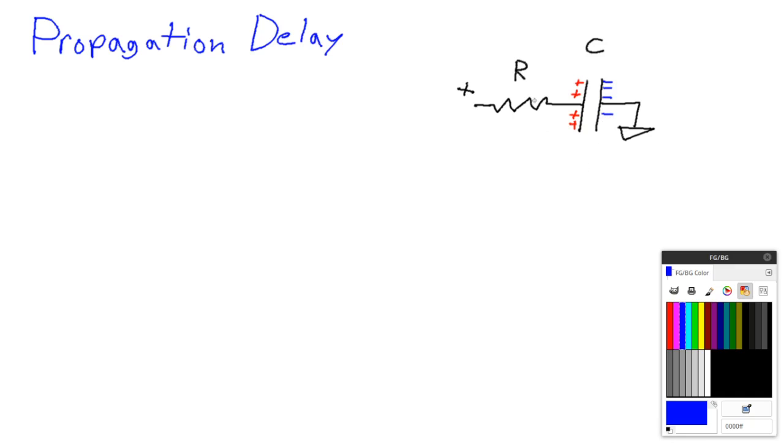But the thing is, since there's this resistance here, this takes time. Charge takes time to flow. And so if we were to measure the voltage of this capacitor, or how close it is to being at capacity, it would kind of look like this.